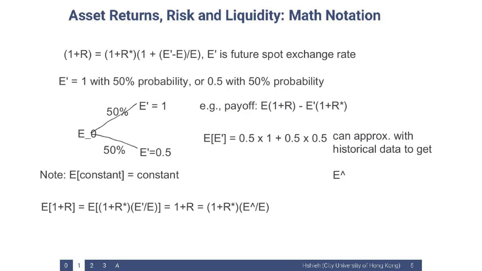So in this example, we want to take the expected value of E prime. We weight the possible outcomes, in this case, 1 and 0.5, by the likelihood of their occurrence. So 0.5 times 1 plus 0.5 times 0.5.